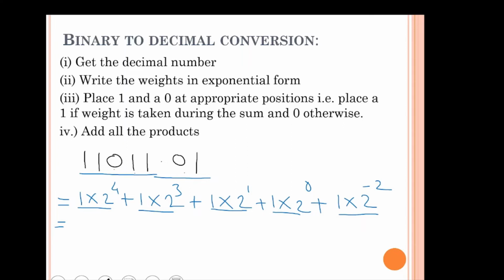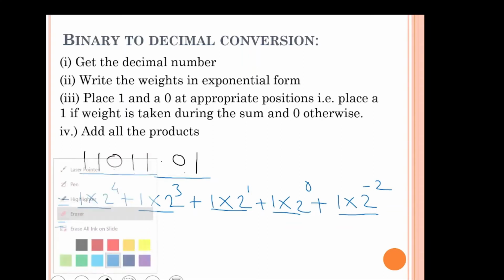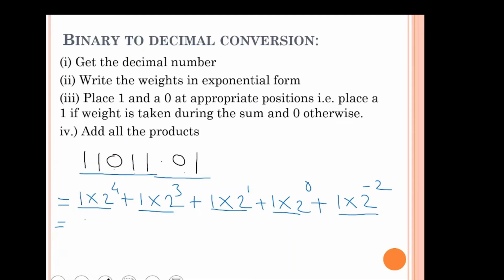1 into 2 raised to 4 is 16, 2 raised to 3 is 8, 2 raised to 1 is 2, 2 raised to 0 is 1, plus 1 into 2 raised to minus 2.